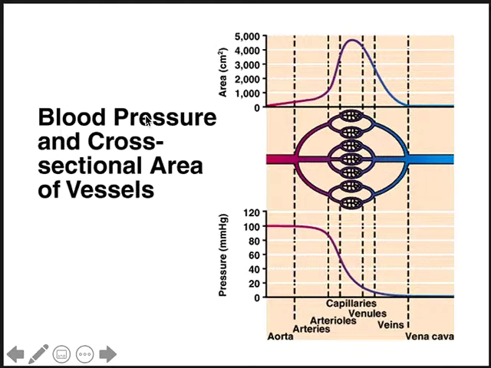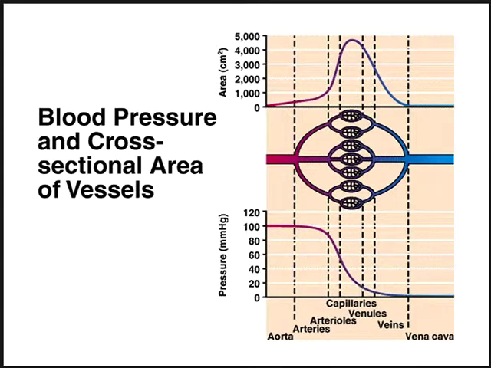So this is blood pressure and cross-sectional area of vessels, the area, the size. As you get smaller vessels, you have more of them, and more surface area. That higher surface area gives you the least pressure, from the heart, high pressure, all the way down.